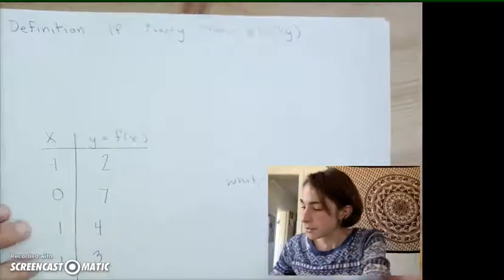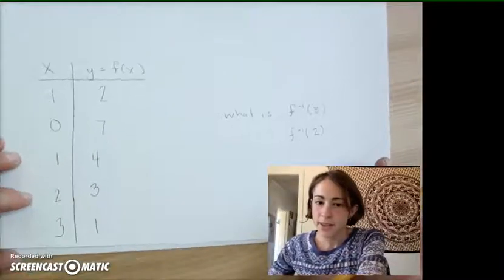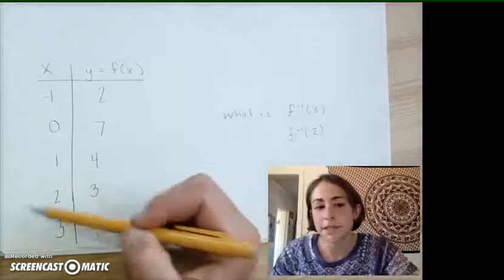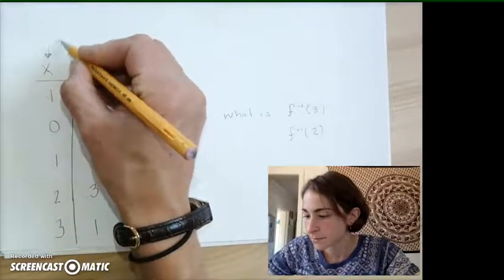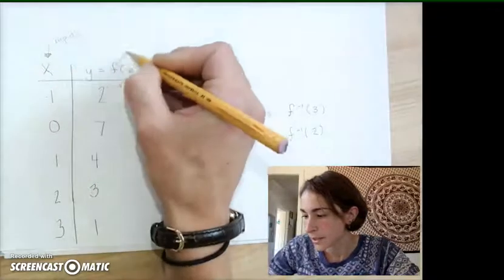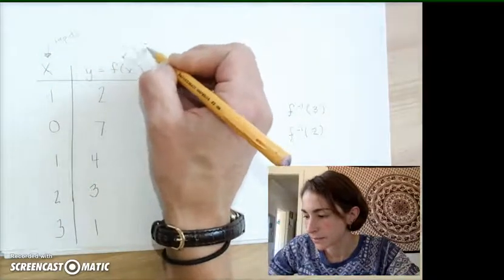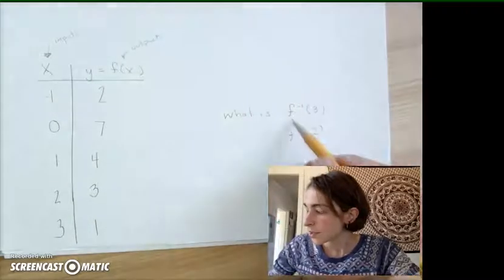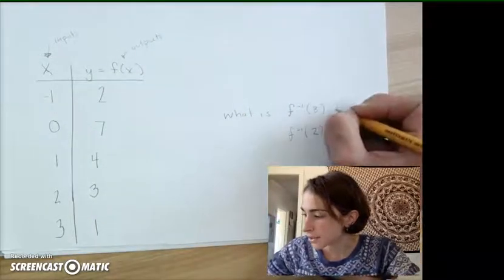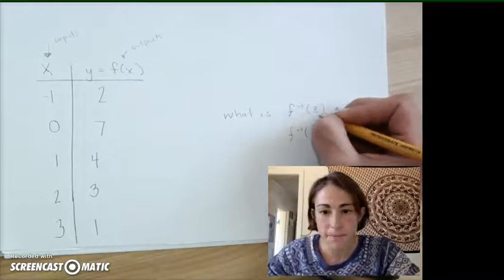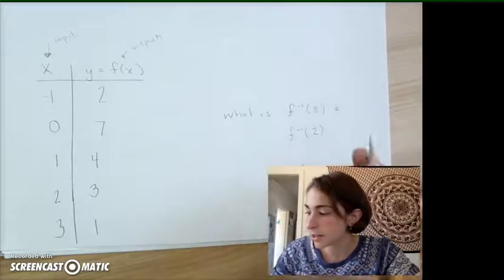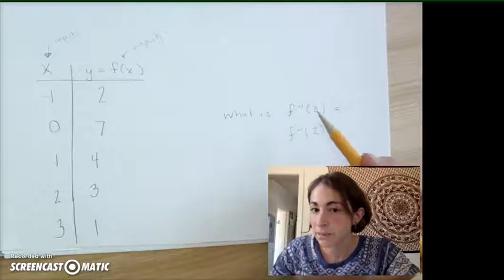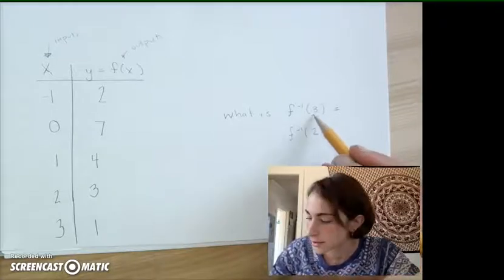So let's do an example with a chart. This chart represents a function. Here are my inputs, and here are my outputs. So what is f inverse of 3? Well, f inverse of 3 is going to be the input where when I plug it into f, I get 3.